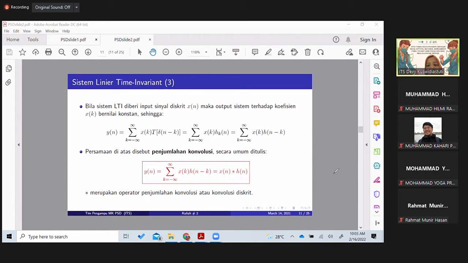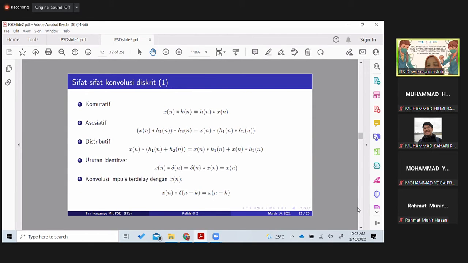Okay. These are the properties of the discrete convolution. It is commutative.